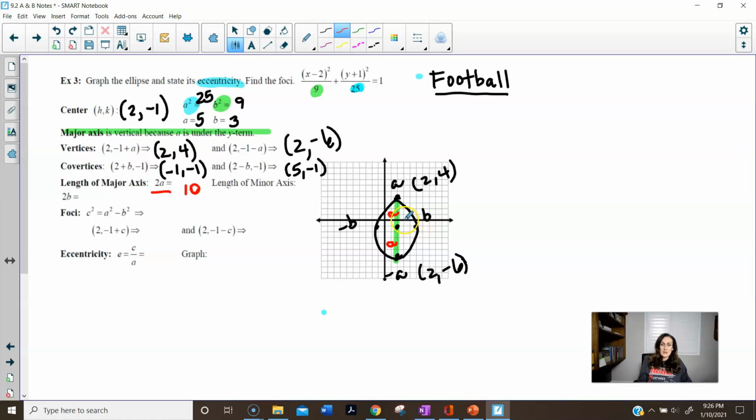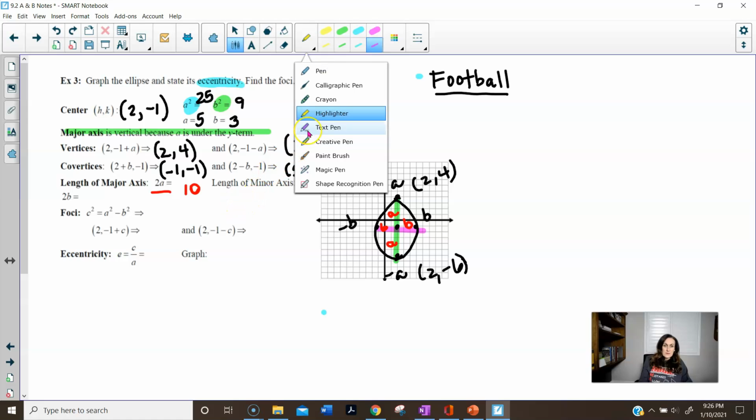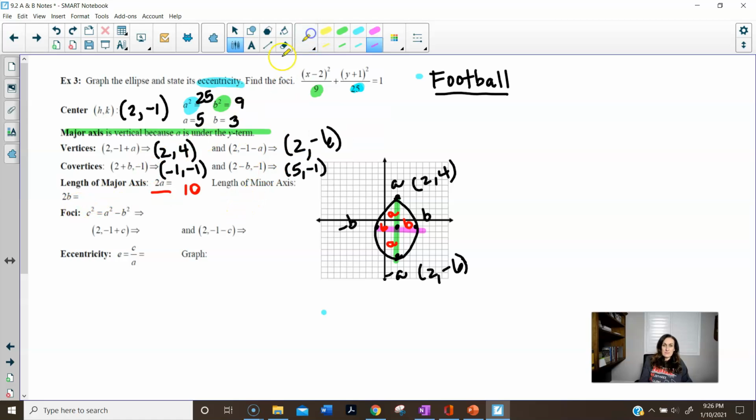From the center to here is b units, and from the center to here is b units. And so how do you find the length of that axis? I'll put it in purple. Here's the length of this axis. It's going to be 2b. So 2b, it kind of got moved over here.